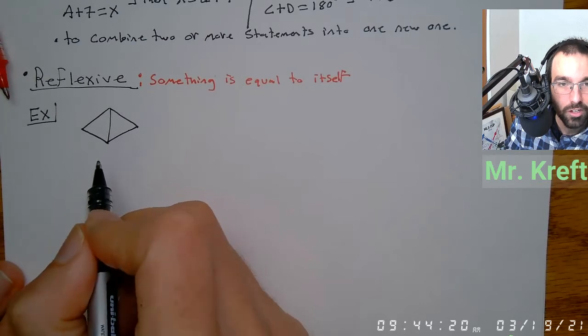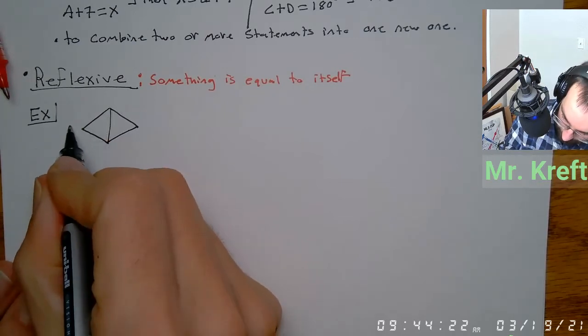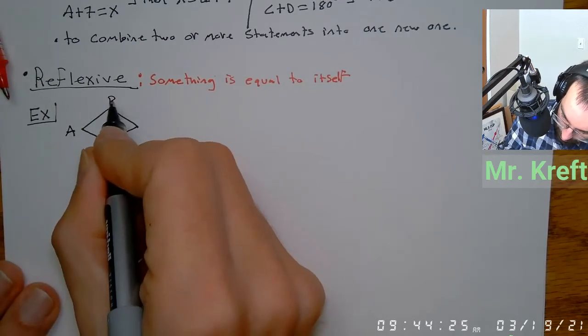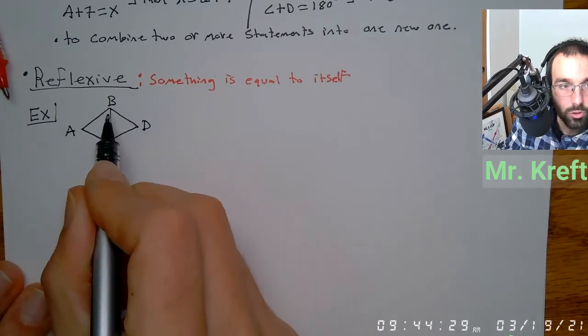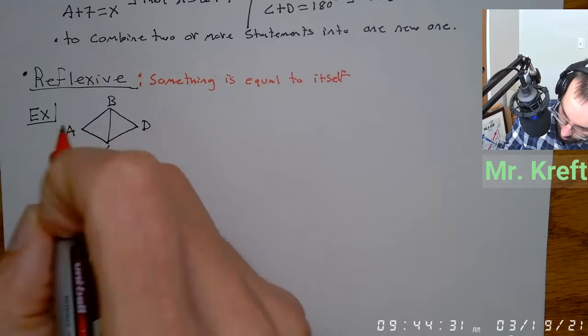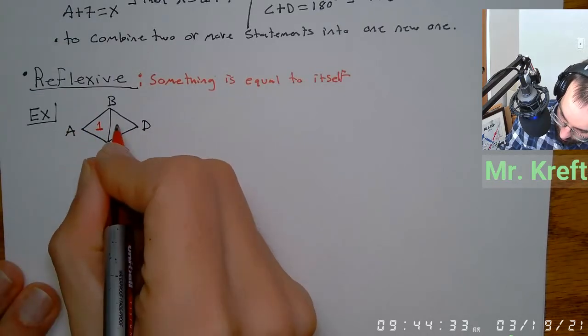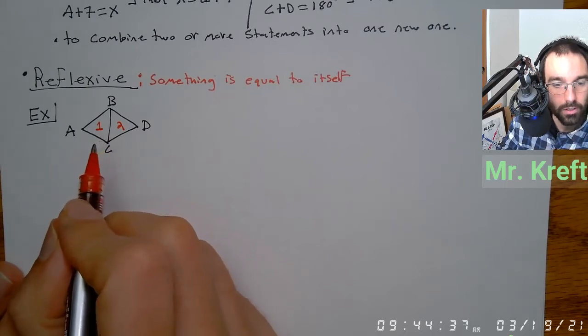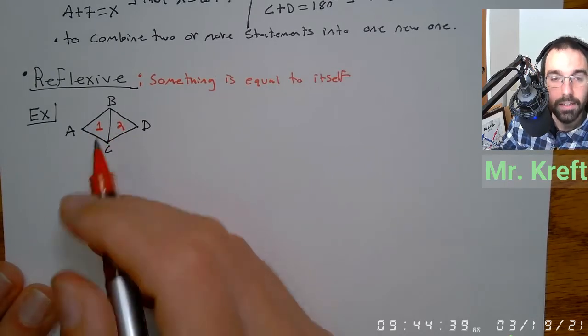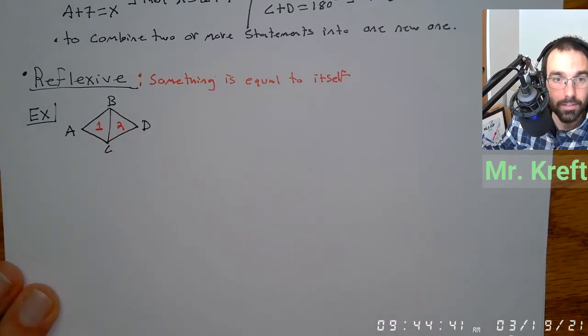You have two triangles and they share their butts. It's butt to butt. So I have A, B, C, and D. I've got one triangle on the left, one triangle on the right. Now notice these two triangles share a side.